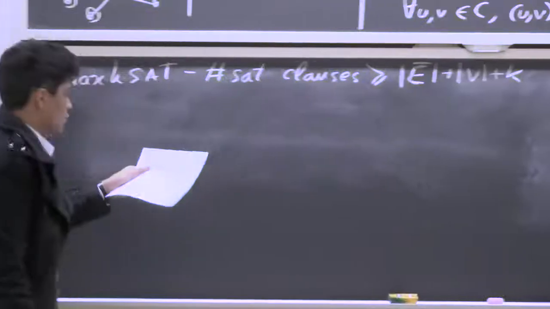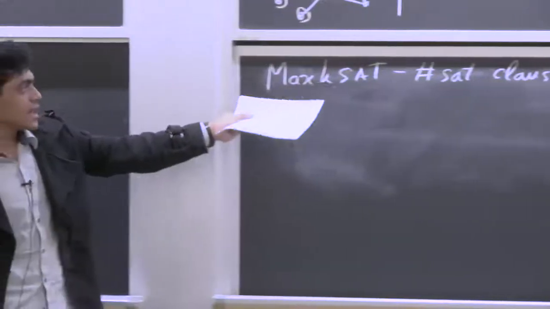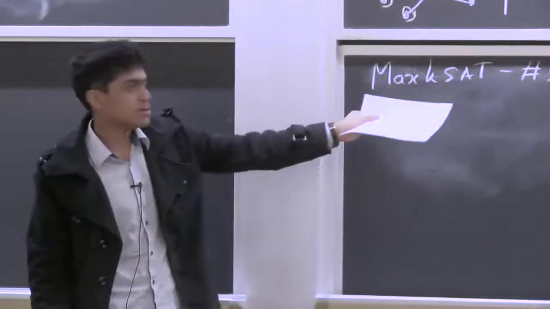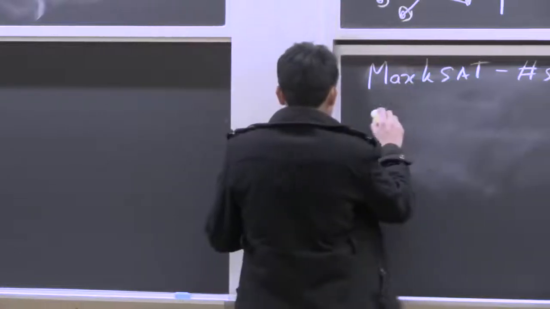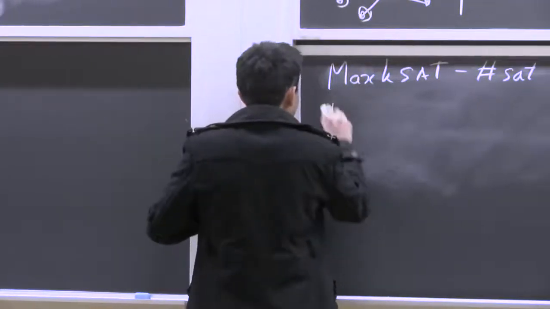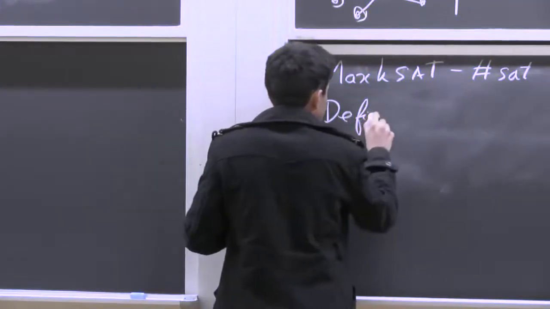Okay, so this part is a little more tricky. We start with max k sat having a number of satisfied clauses greater than or equal to mod of e bar plus v plus k. So we know that max sat accepts. Given that, we define a v dash.